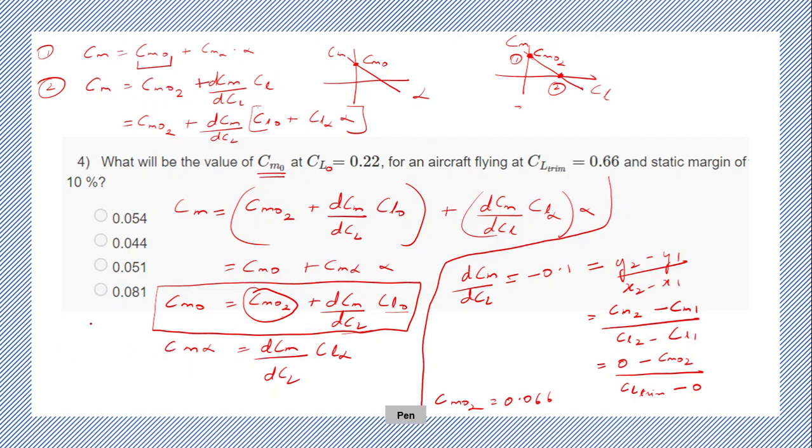Let me write it down here. So here, if you substitute it, Cm02 is 0.066 plus dCm upon dCl, which is minus 0.1, into Cl0, which is 0.22. So the final answer is 0.044. Yes?